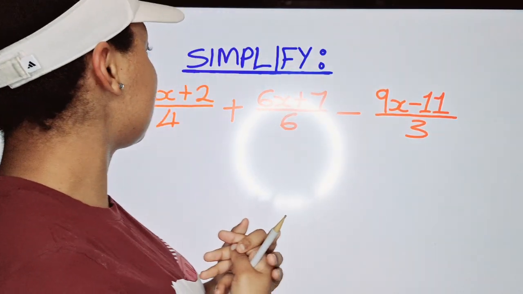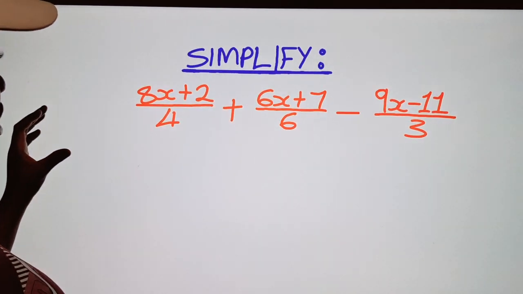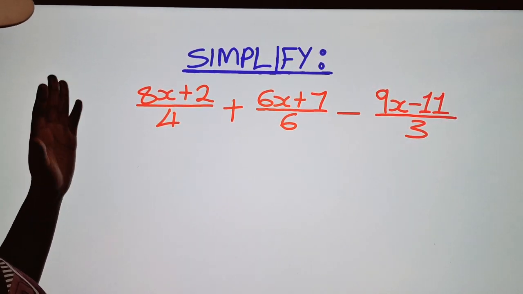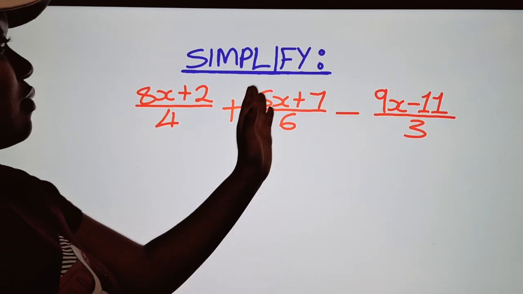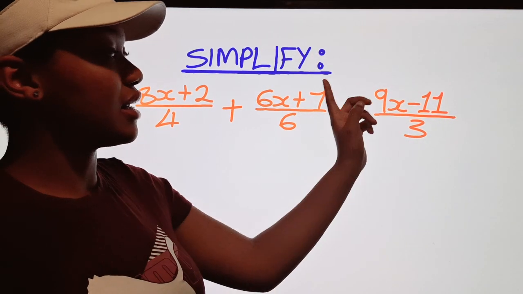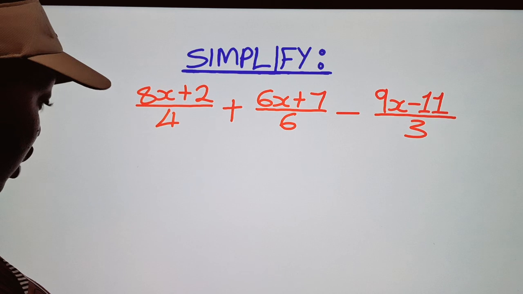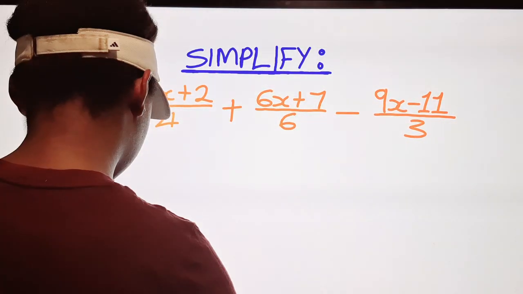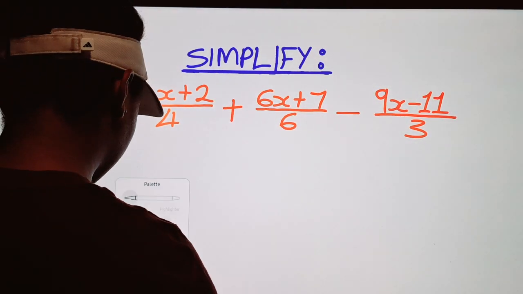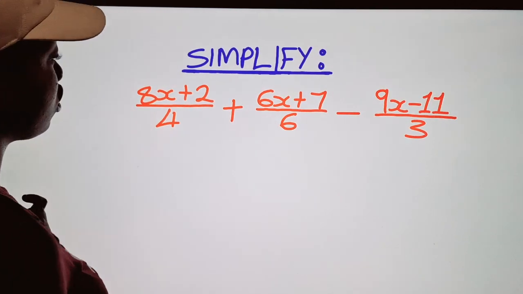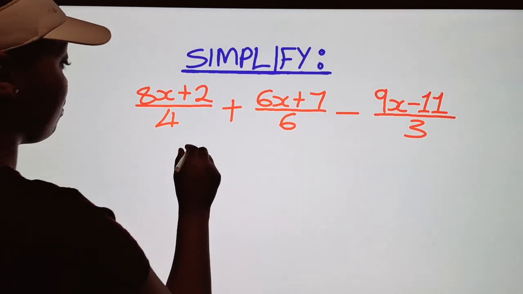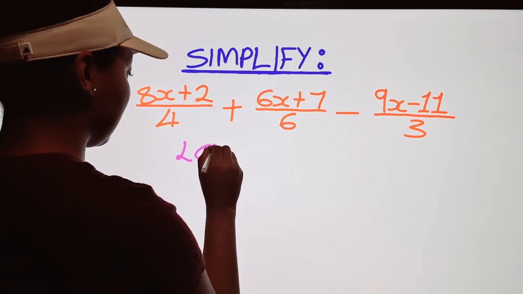Okay, so in this case we have fractions: 8x plus 2 over 4, plus 6x plus 7 over 6, then minus 9x minus 11 over 3. So I'm going to simplify this expression, looking at the fractions. Every time you come across fractions to simplify, you must look for what we call the LCD.